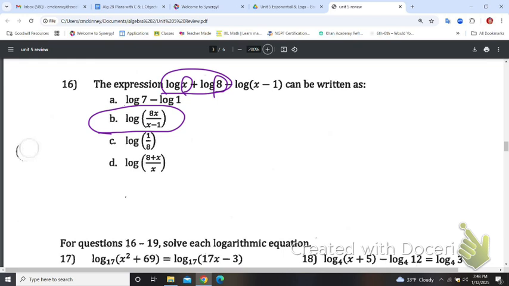And then this part is subtract, so that's why this is in the bottom. They multiply, and then this is in the bottom. I'm not even sure how you would get some of the other things, so we're not even going to talk about them. Choose B and move on.